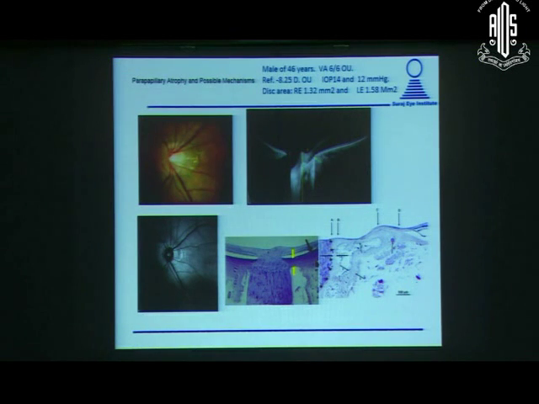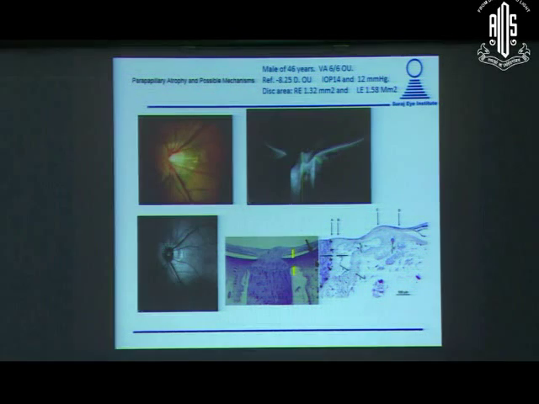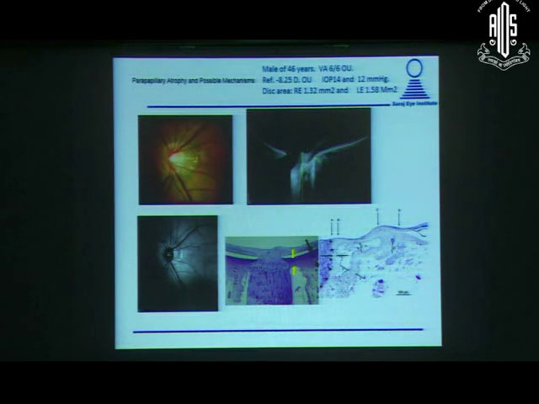But what is important is to differentiate the beta zone from the parapapillary atrophy of myopia. When you look at the optic disc margin, the optic disc margin is this line here, and what you get here is the Bruch's membrane edge, and that correlates with this margin of the parapapillary atrophy, because the Bruch's membrane migrates away from the margin of the optic disc.